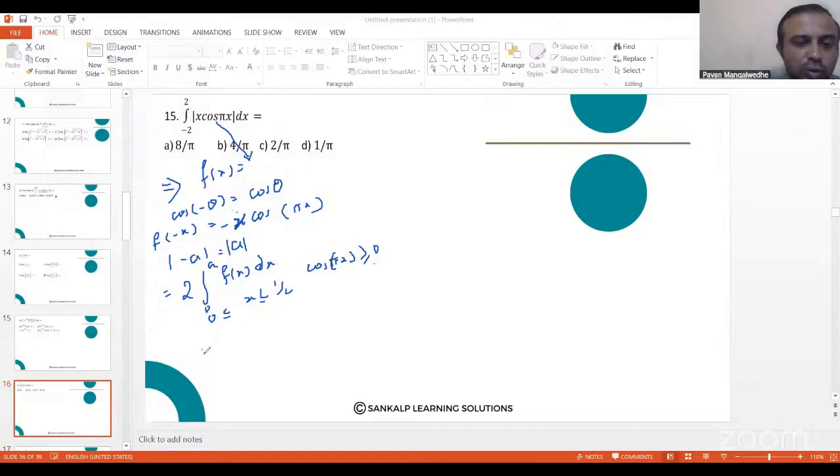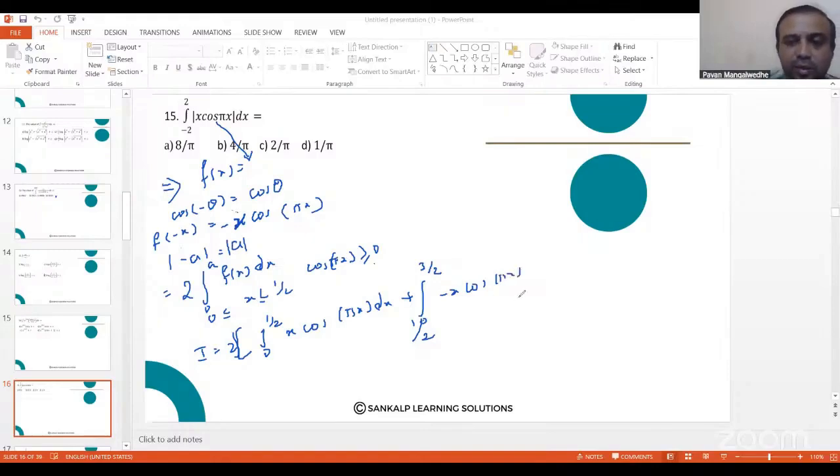So by integrating this, we get 2 into the bracket: the integral from 0 to half of x cos of pi x dx, plus the integral from half to 3 by 2, that is 1 and half, of minus x cos of pi x dx, plus the integral from 3 by 2 to 2 of x cos of pi x dx.